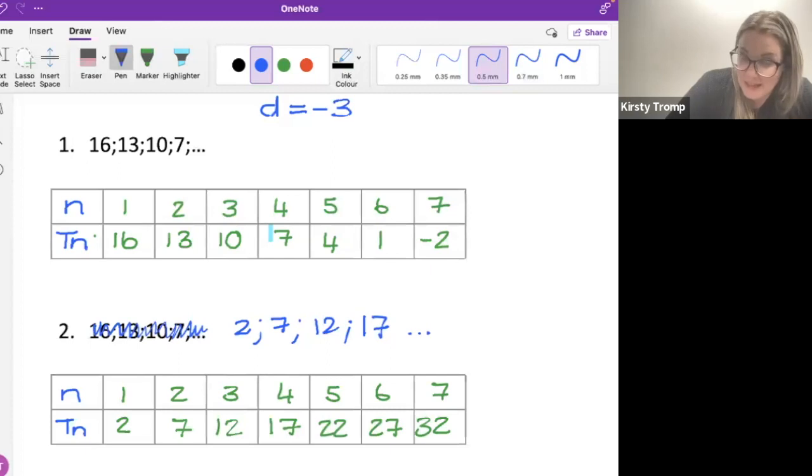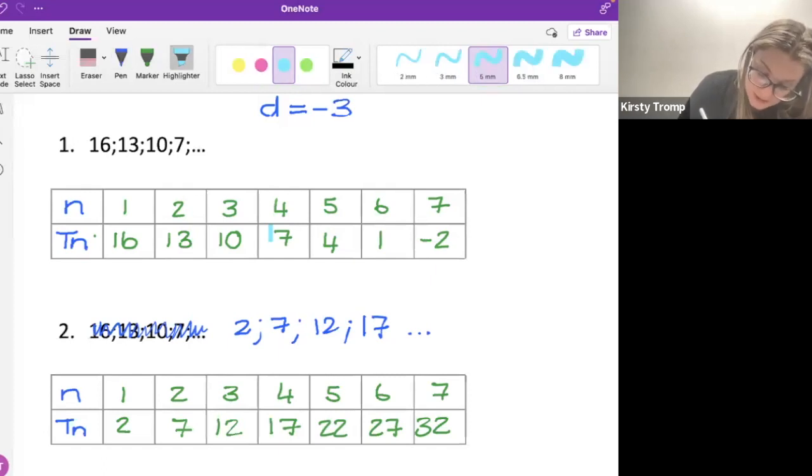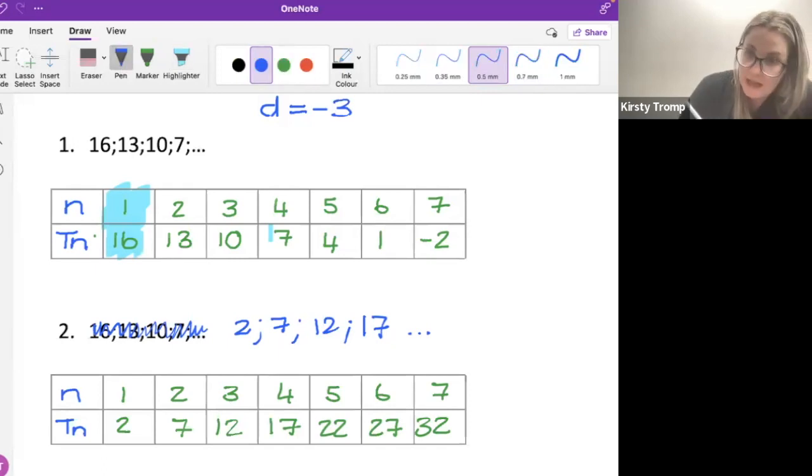What we need to now say to ourselves is, when I'm looking for the rule for this pattern, I'm looking in the first block over here.